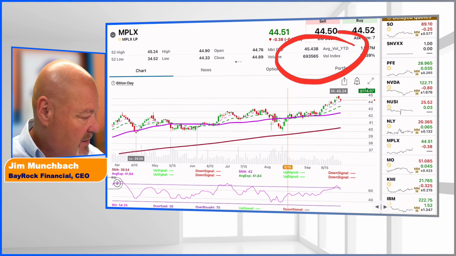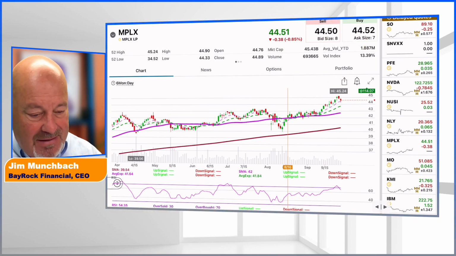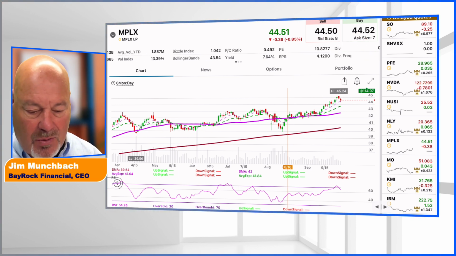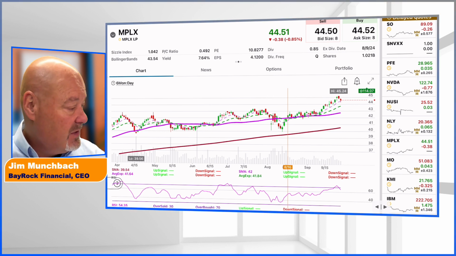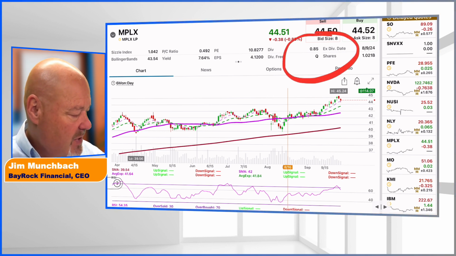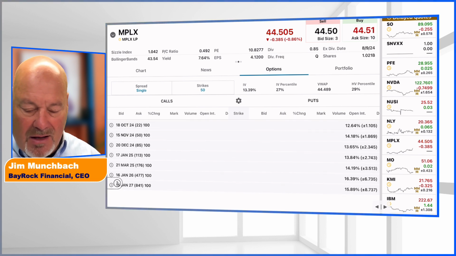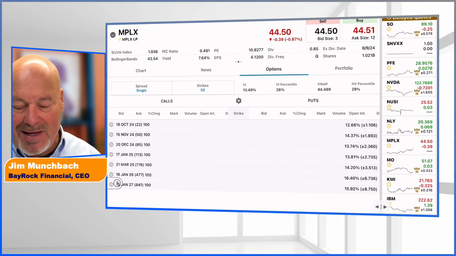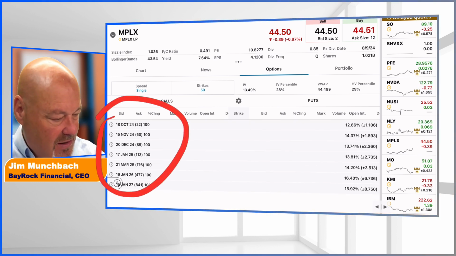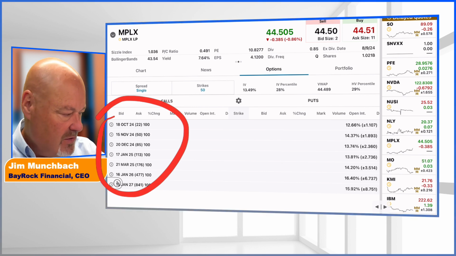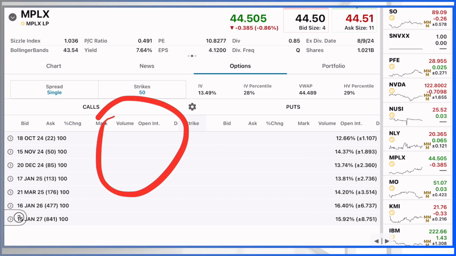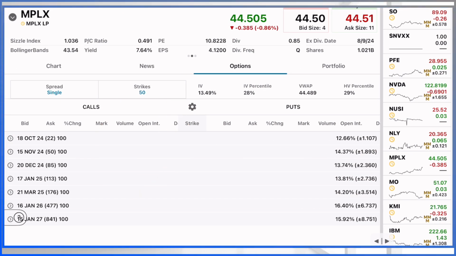So I'm looking at the volume here. It's got decent volume. I'm wondering what kind of dividend. It's got a decent dividend. So we might want to take a look at this one. Let's just jump in and look at the options rather. So one thing I'm seeing here is, you don't need to see my face, but it doesn't have as many options trading.